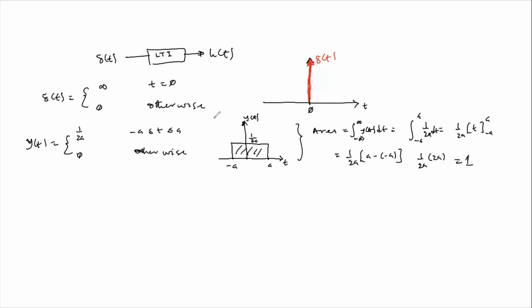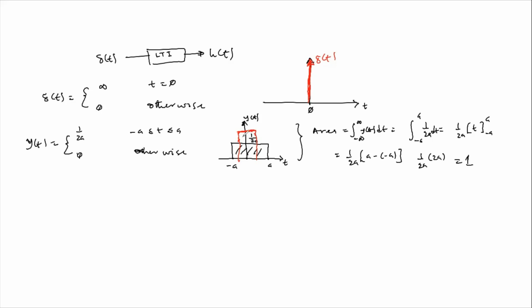So it means the area under this graph is unity. And now you realize that as the width reduces, the height is seen to extend towards infinity.